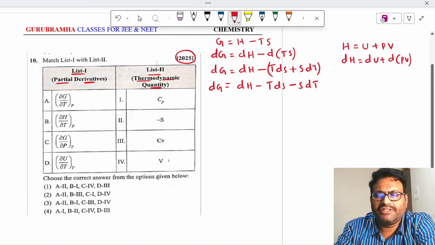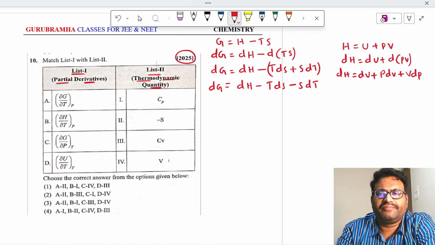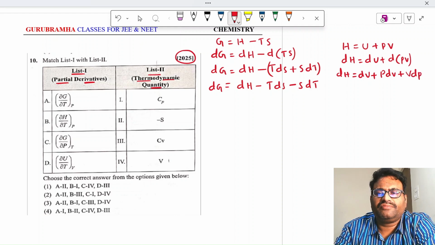Then what will you write? dH is equal to dU plus P into dV plus V into dP. Change of P into V is equal to P into change of V plus V into change of P.